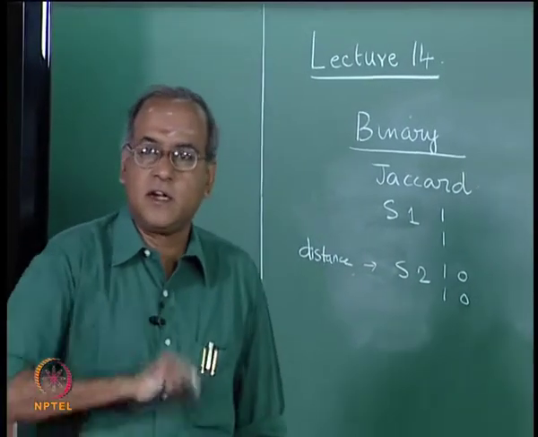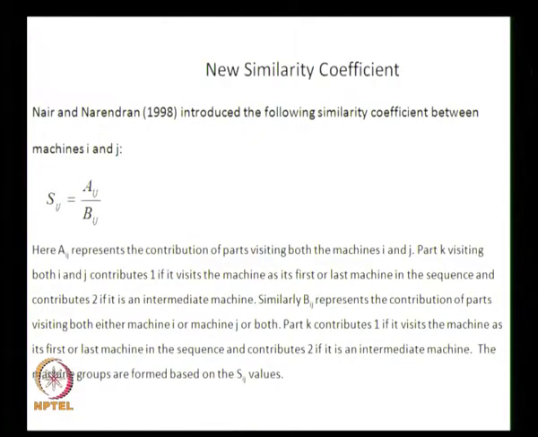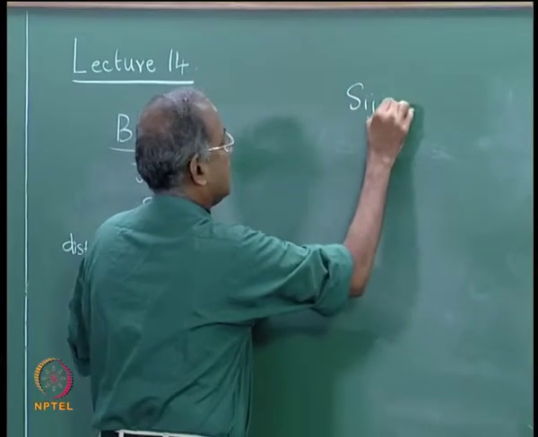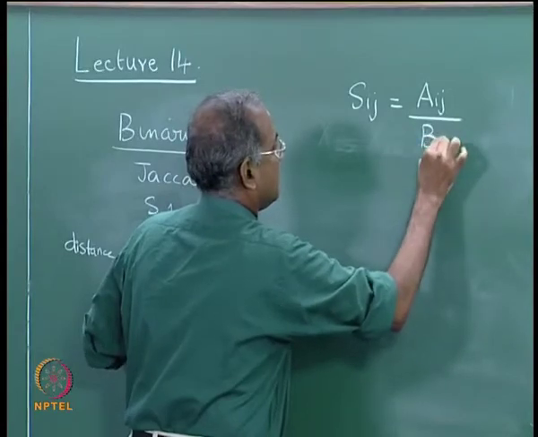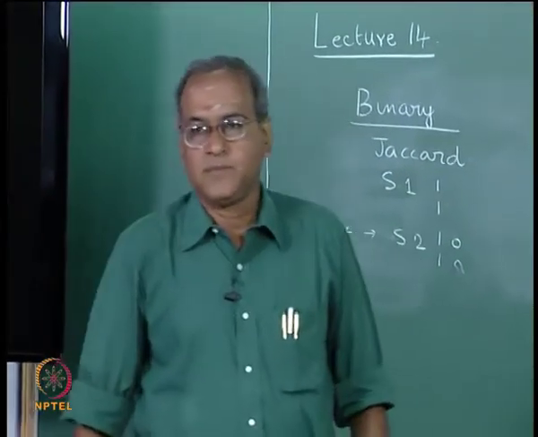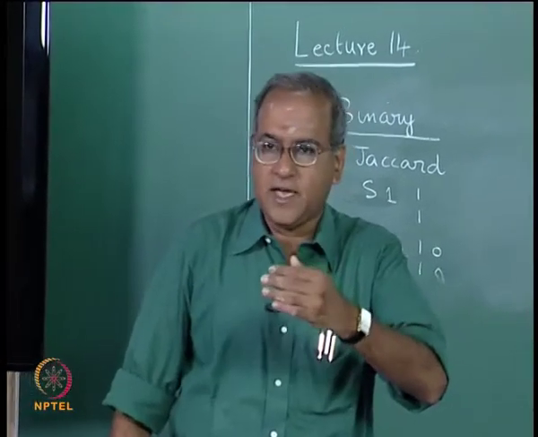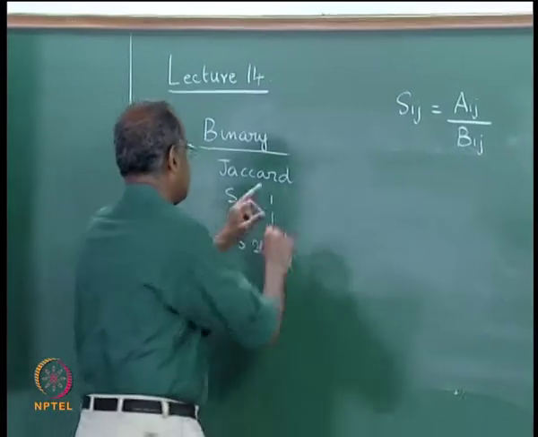Now, Nair and Narendran introduced a different kind of similarity coefficient between machines, where Sij is equal to Aij by Bij. Now, the very definition of Aij by Bij is very close to the Jaccard's similarity coefficient.